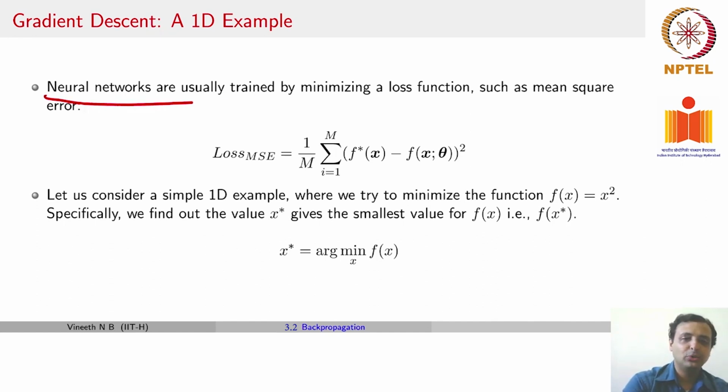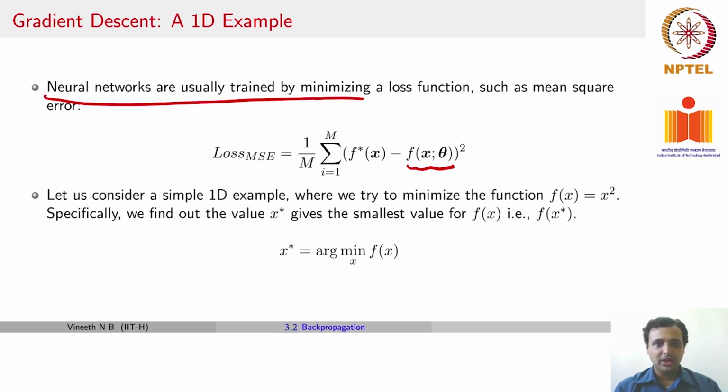Neural networks are usually trained by minimizing a loss function such as mean square error. When you give an input to a neural network, it gives us a certain output. What is that output? f of x comma theta. Once again, if we took that patient example, if you gave a set of patient attributes to a neural network, assuming that you initialize this theta to some random values to start the neural network with.